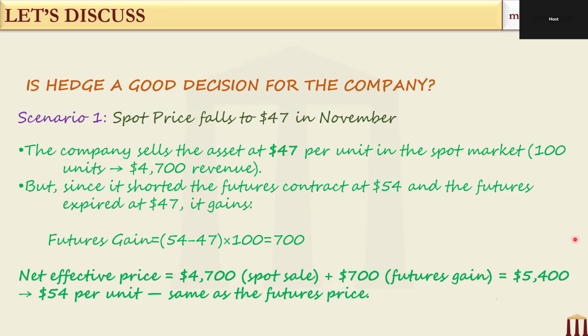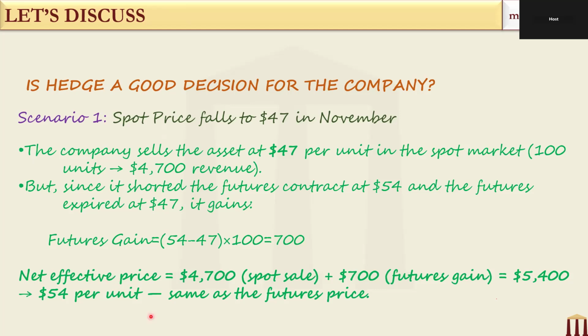Thank you. So, as I was saying, you entered into the futures contract at 54. Okay, you shorted it. The futures contract is also changing in value every single day. And at the end, we all know that without any doubt, towards the end, the futures price has to be equal to the spot price.